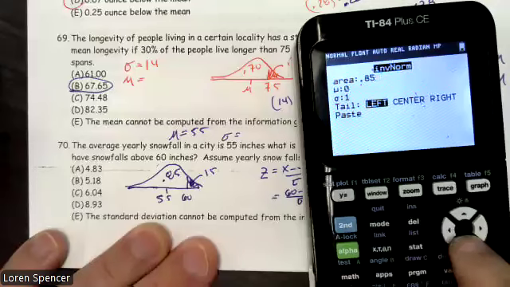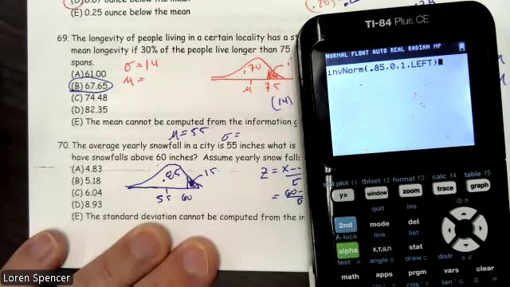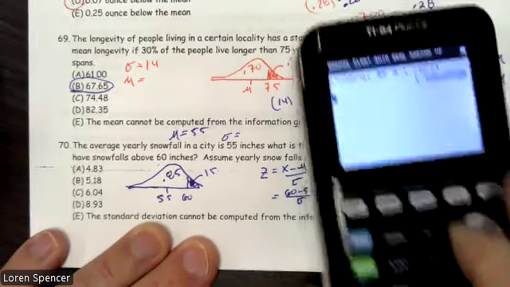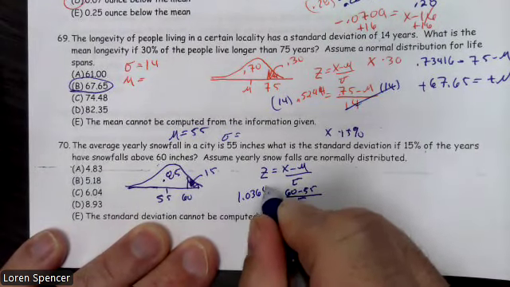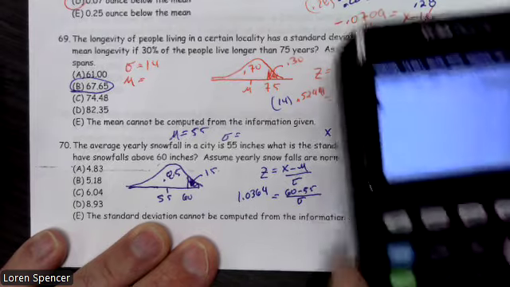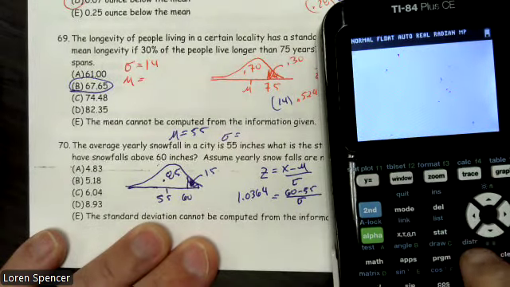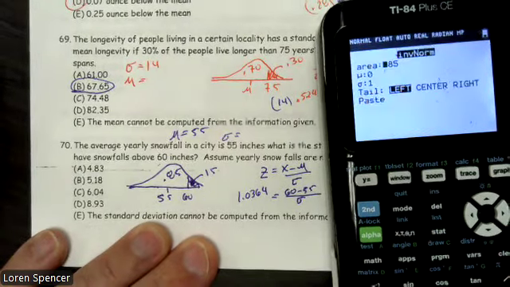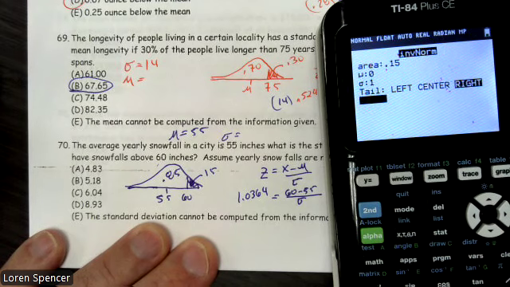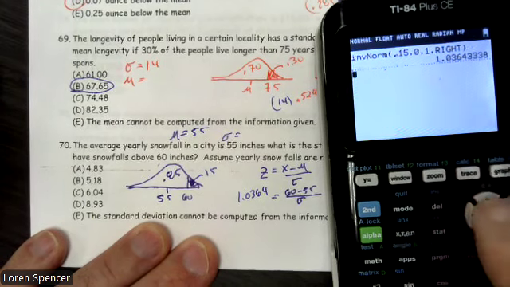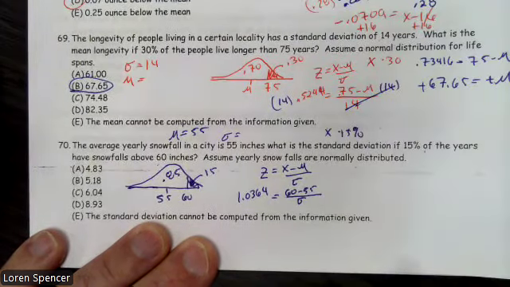All z-scores have a mean of 0, standard deviation of 1. So this is 1.0364. If you had wanted to come from the right, and you could have, you would have gone second var's inverse norm, 0.15. And 1.0364.